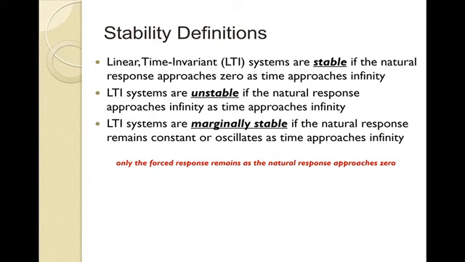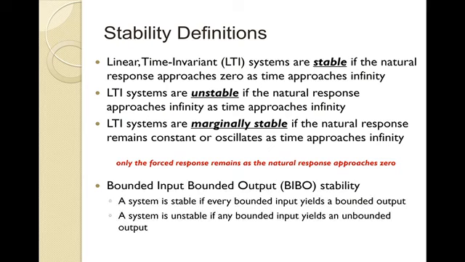If we think back to how a system responds, there are really two responses: a natural response, and then the forced response if we have a forcing function, whether it's a step input or a force if it's a mechanical system. For a stable system, the natural response will go to zero, and so you're left with any forcing function that would remain on your system. So only the forced response remains as the natural response approaches zero.